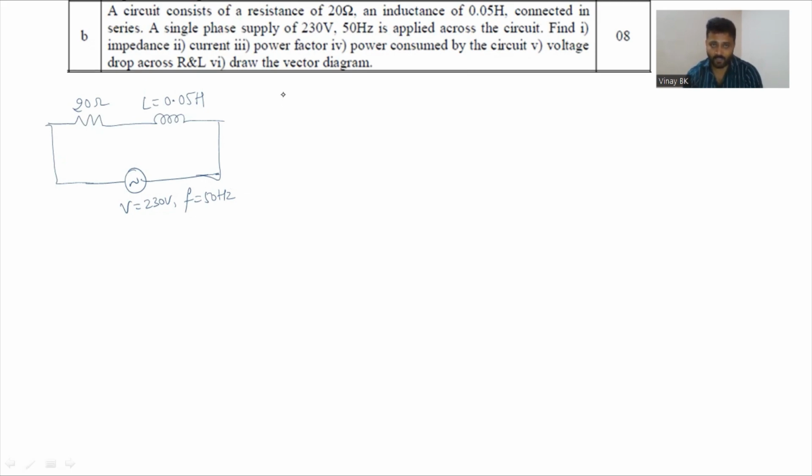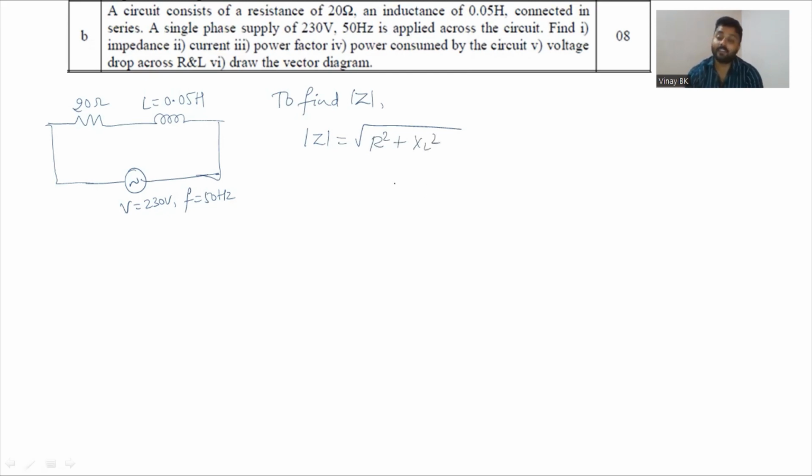To find impedance Z, you know the formula for the RL series circuit. The magnitude of Z is given by the square root of R square plus XL square.